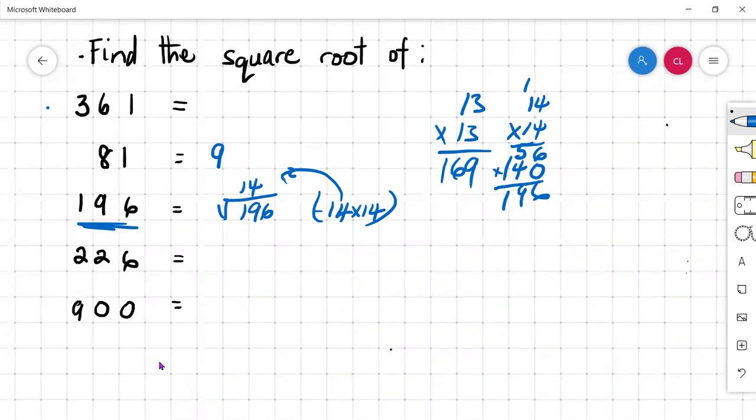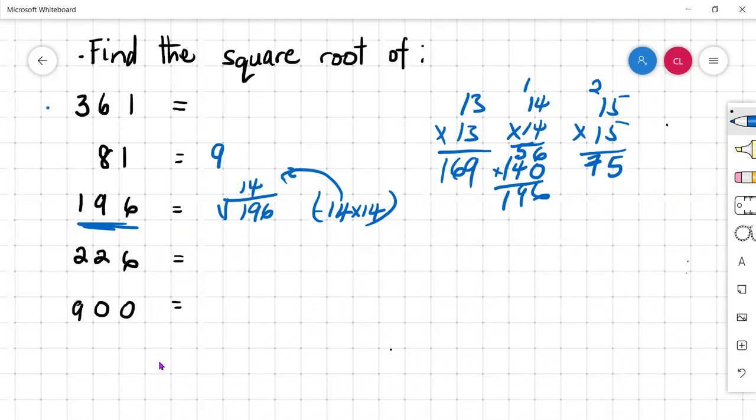All right, let's go now and continue and see if we can get to the 361. So 15 squared: 5 fives is 25, carry 2, 5 ones, 5 and 2 gives me what? 7.